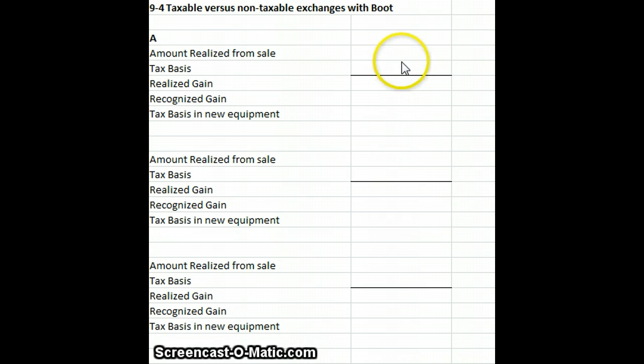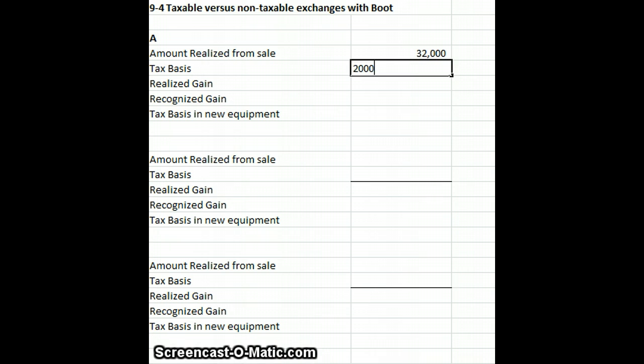So our first one is our old asset and new asset are not qualified property for a non-taxable exchange program. In this case, our fair market value is $32,000.